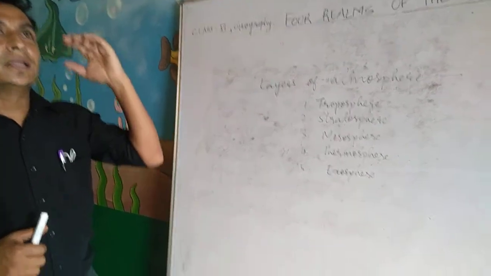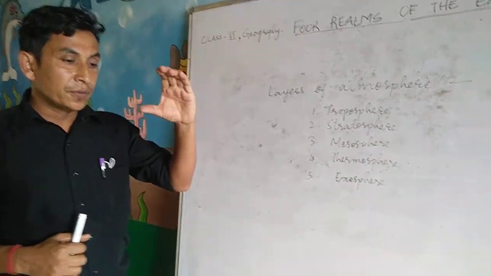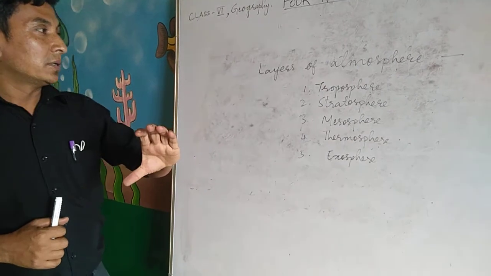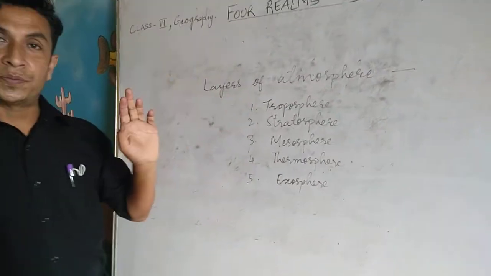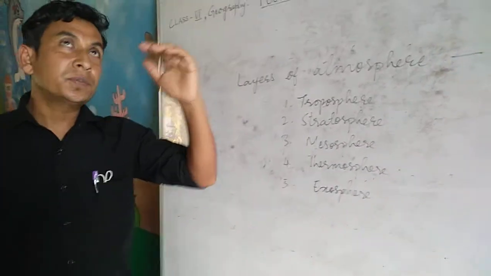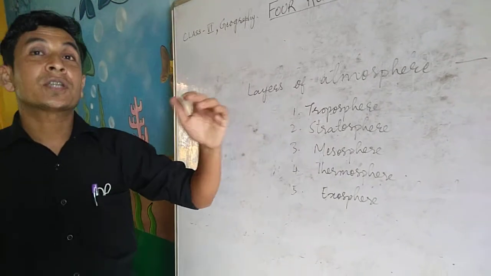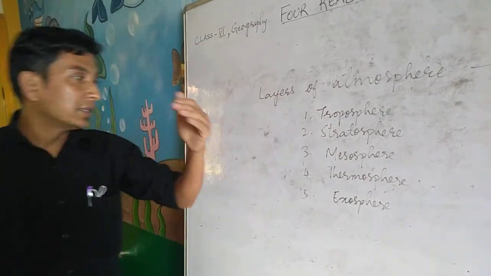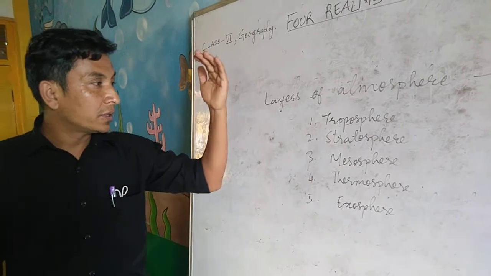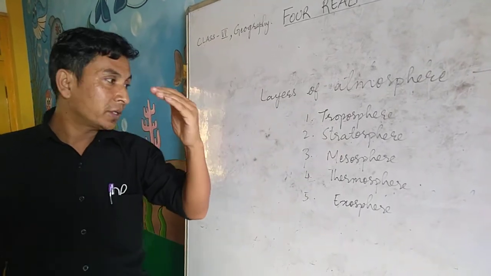The first layer of the atmosphere from the ground is troposphere. Just above the troposphere we have stratosphere. Above stratosphere we have mesosphere.